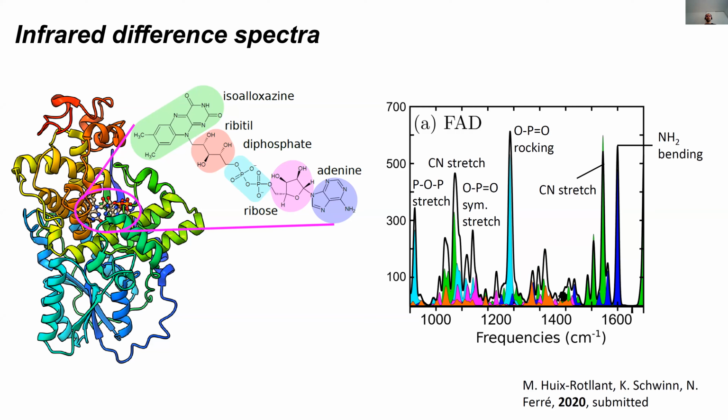And here we see the contribution of each of these fragments in each of the peaks. And then we can unequivocally interpret each of the main infrared peaks in terms of their main contributions, in addition to the mixture between the different fragments.